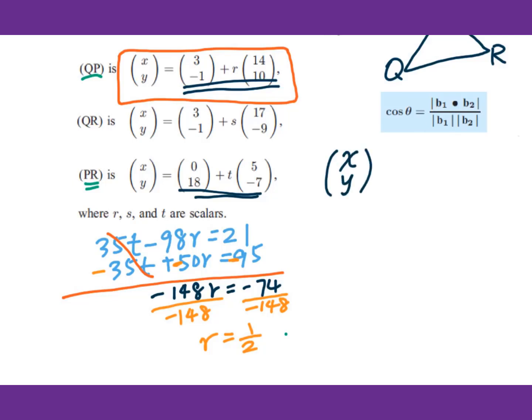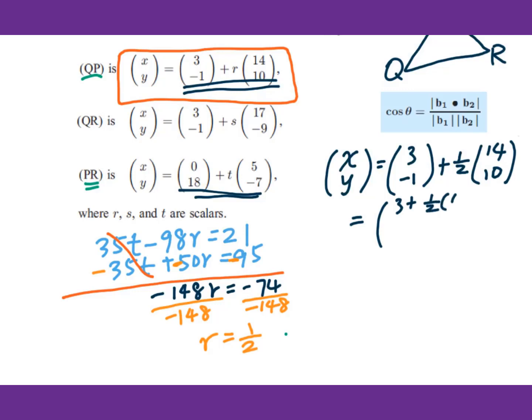So xy equals 3, negative 1 plus 1 half times 14, 10. You will get 3 plus 1 half times 14, negative 1 plus 1 half times 10. You will get 3 plus 7, that's 10, negative 1 plus 5, that's 4. This will be the coordinates for P.